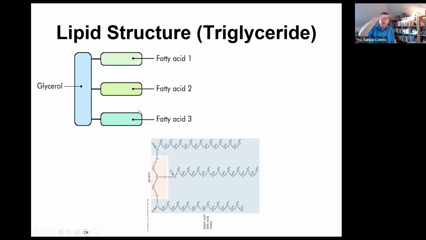So this is glycerol as one of the molecules, and then dangling from the glycerol are these three fatty acid chains. And the kind of fatty acid chains gives you different kinds of triglycerides, different kinds of fats.